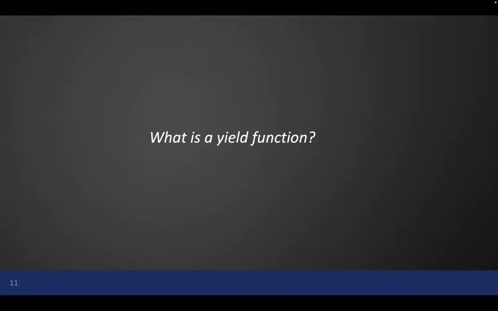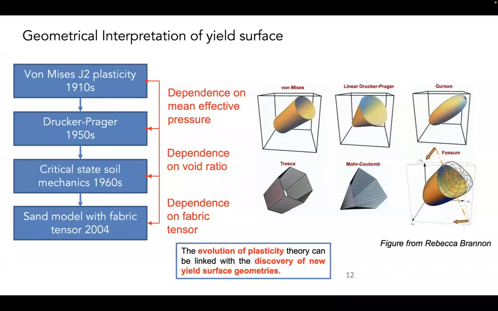Okay, so I want to just review what a yield function is. How many of you have a basic idea of what a yield function is? Okay, I think that's good. I will be redundant on that, but I use that figure a lot, so let me explain a little bit.